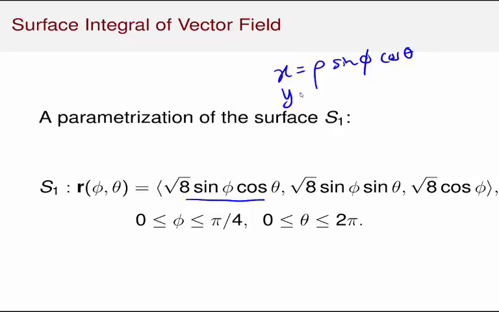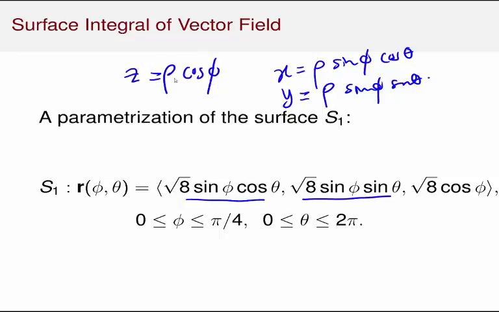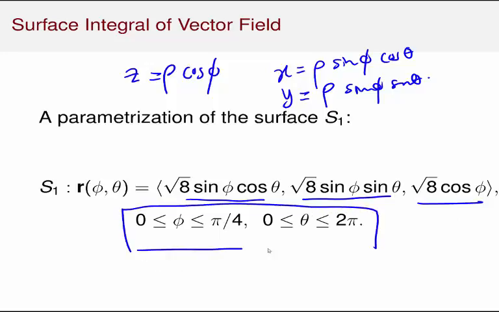Likewise, in general, the variable y is equal to rho times sine phi times sine theta. So substituting for rho, we have the expression here in the second component. And finally, the variable z is equal to rho times cosine phi. So substituting for rho again, we have square root 8 times cosine phi in the last component. And together with the range for our parameters, the vector function r will trace out the surface S1.